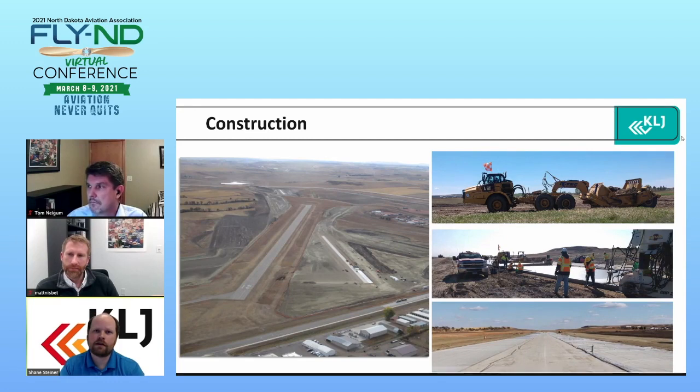And then the approaches for both runway ends are scheduled to be implemented October 7th of this year. So knock on wood, and hopefully all the stars continue to align. But we're on good track to get this project finished up on time and at or under budget. So again, kind of a rarity for a project this size.